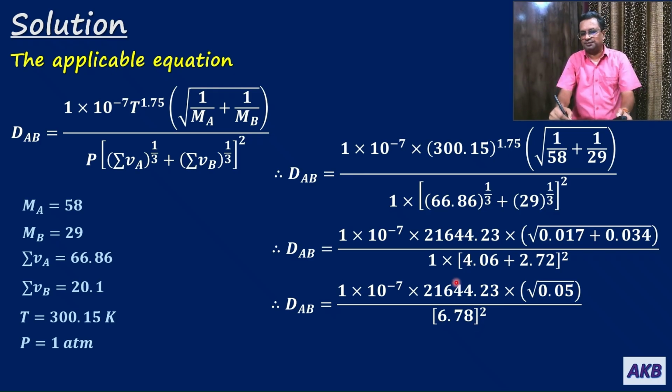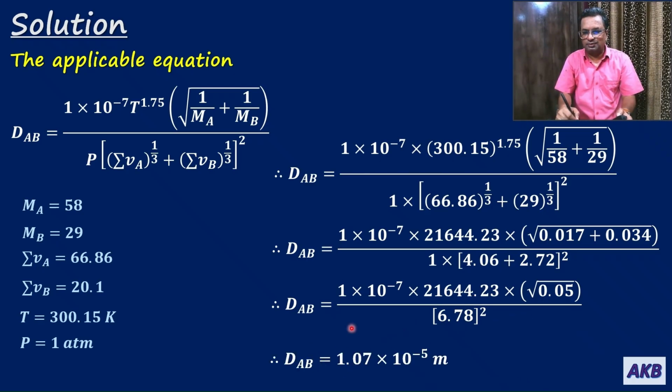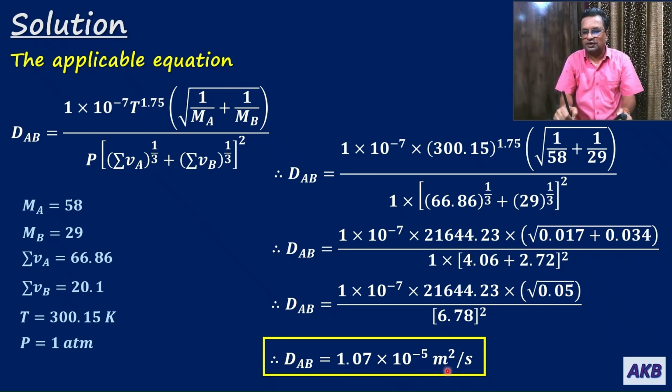So that will give us dAb. dAb will be equal to 1.07 into 10 to the power minus 5 meter square per second. So if you solve the right hand side of this equation, you are going to get dAb as 1.07 into 10 to the power minus 5 meter square per second.